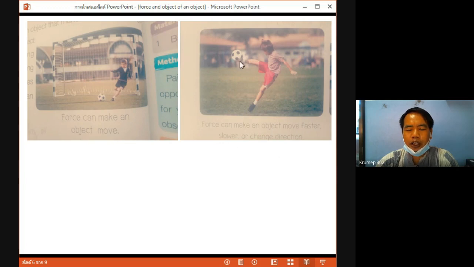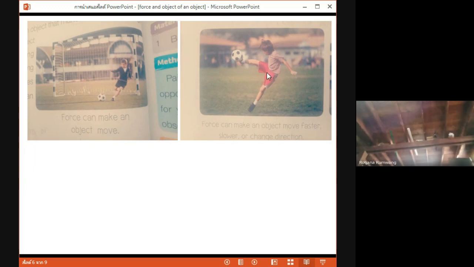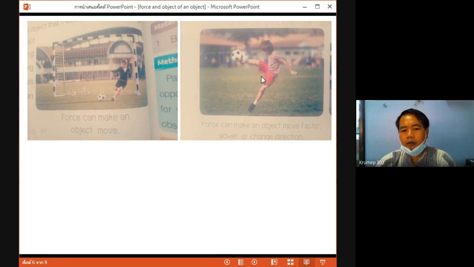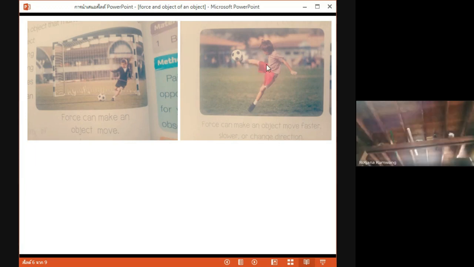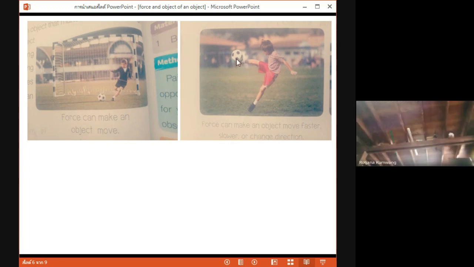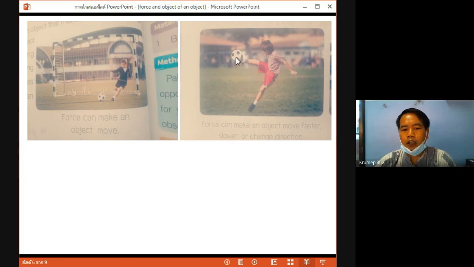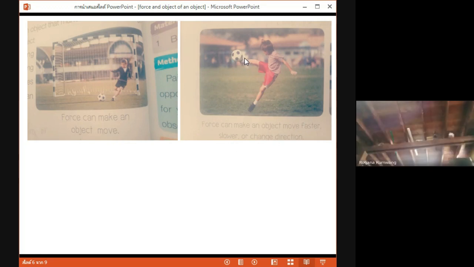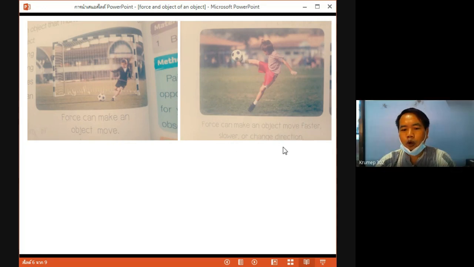slower, and change direction. So in this position, maybe the boy will kick hard to make the ball move fast, or the boy will kick the ball less, so the ball will move slowly, and maybe the boy will kick the ball going to the right or to the left, so it changes direction.